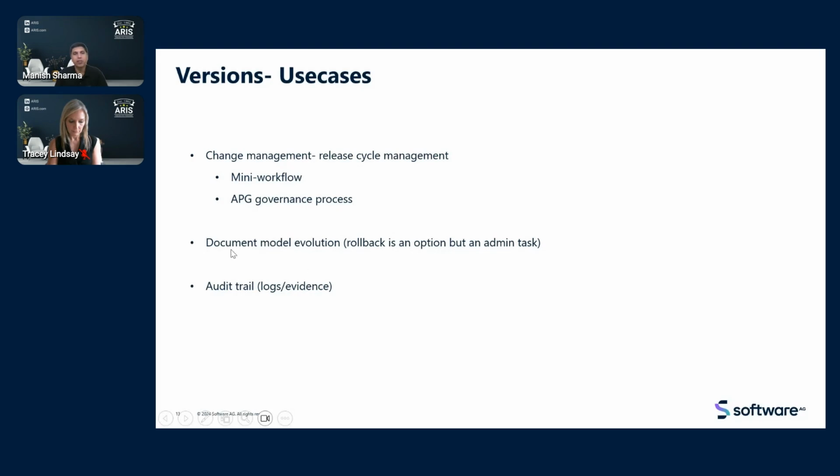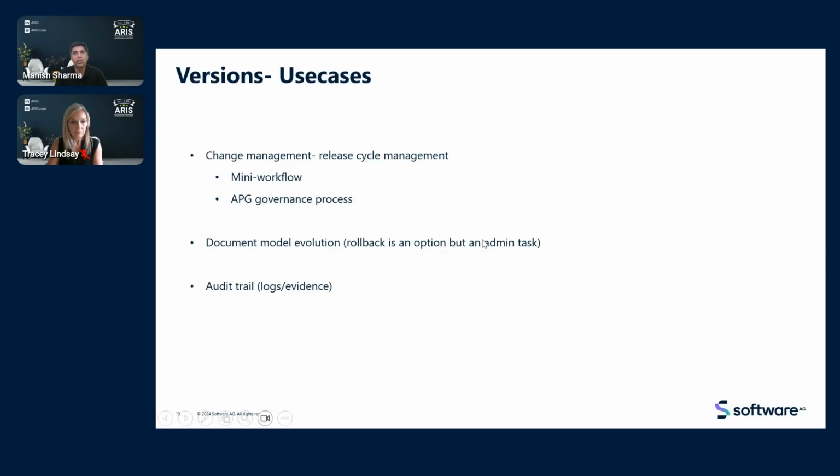It is for documenting how the model has evolved over time. So the use case of versioning is to document how the model has changed over time. And there is an option to roll back to a previous version. So if you are unhappy with the change and you want to roll back to a previous version, it can be done, but it does need some clever tricks, and it's not trivial.